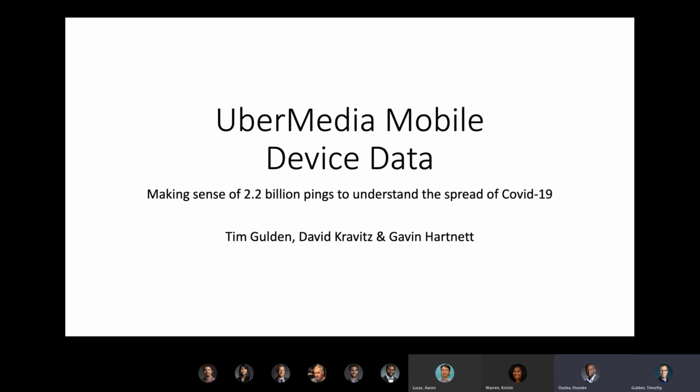So we've got 2.2 billion cell phone pings for Portland, Oregon, and we're trying to use those to build a contact network to understand the spread of COVID-19 in a U.S. city, and generally just learn to work with data that is this big and this kind of primitive. These are really just points with users hooked onto them, but there's a lot of work to be done to turn it into anything useful.